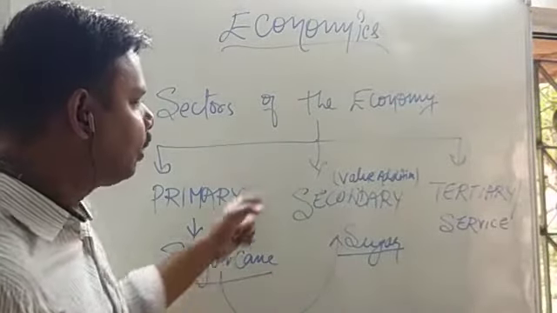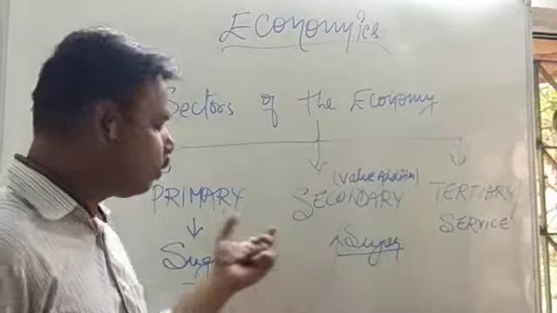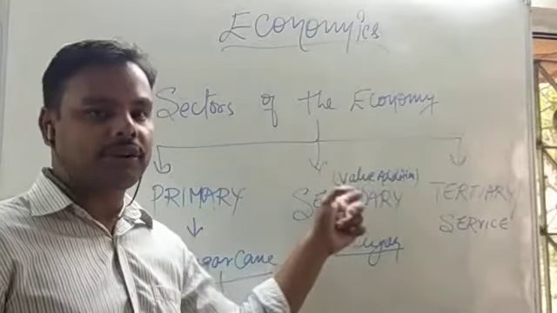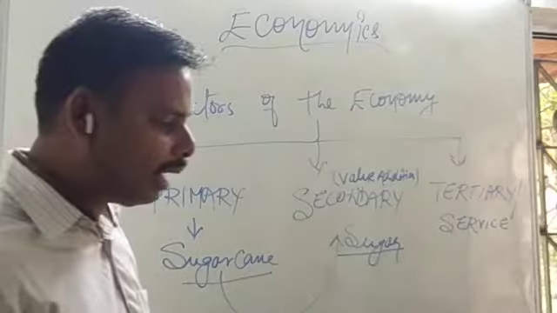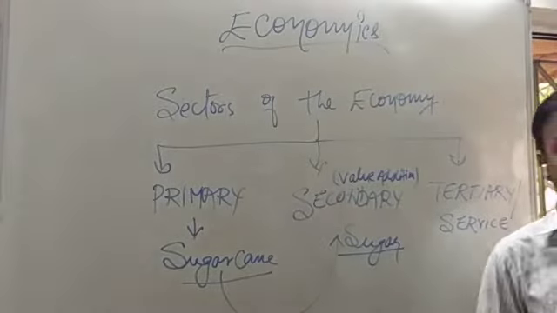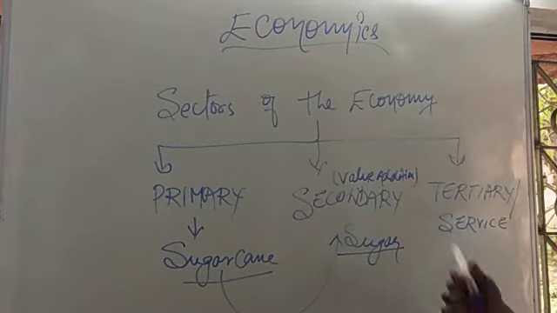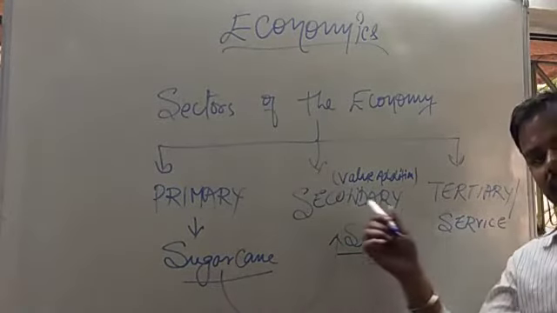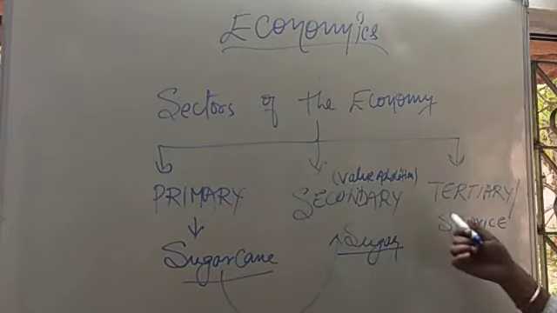So we can see that the value has been added. It was of less value, but this sector made an addition to its value by increasing its price, by increasing its demand, or by increasing its supply in the market. When the supply is more, the price will be less. But in here, since the value of the goods has increased, the demand will even increase.